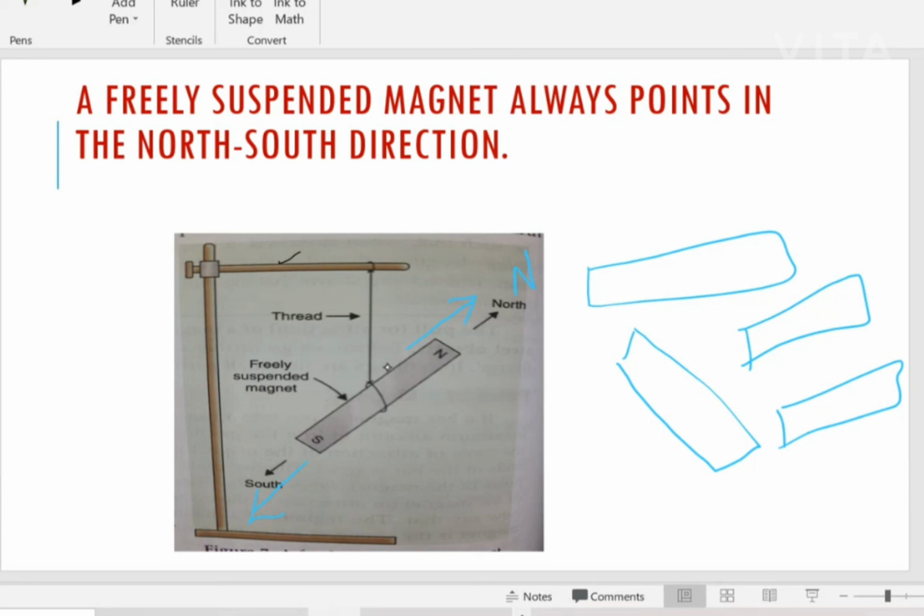With the help of this property, you can easily find out directions. If you're traveling to a place, you can make out which direction you are moving, which direction is opposite to you, or which direction is left or right to you. So we can make use of this property of a freely suspended magnet always pointing in the north-south direction.